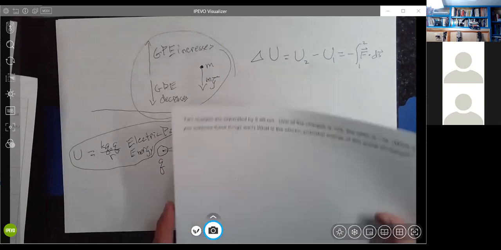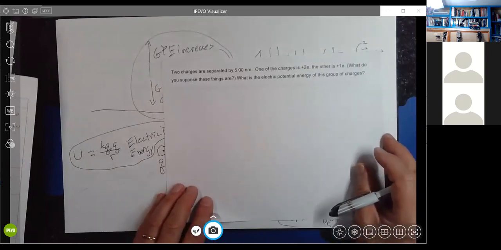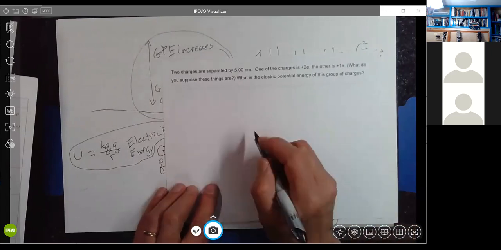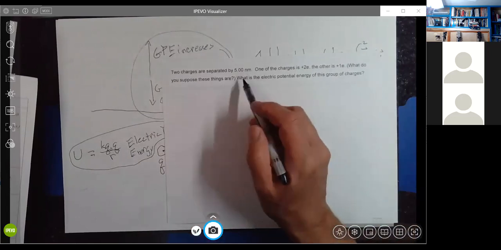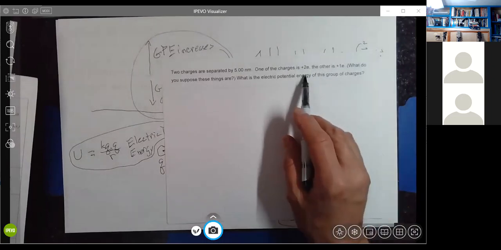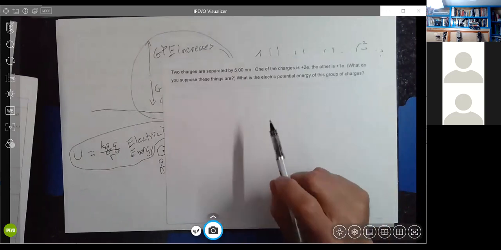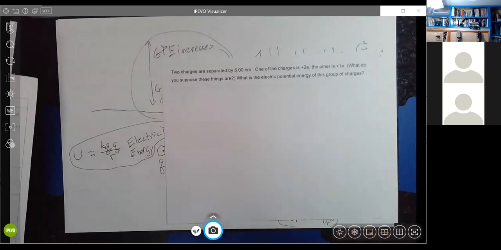We could start off with this sample problem. I haven't posted these sample problems up there yet, but this one's fairly simple. Two charges are separated by 5.00 nanometers. One of the charges is plus 2e and the other is plus 1e. In parentheses, I put, what do you suppose these things are?